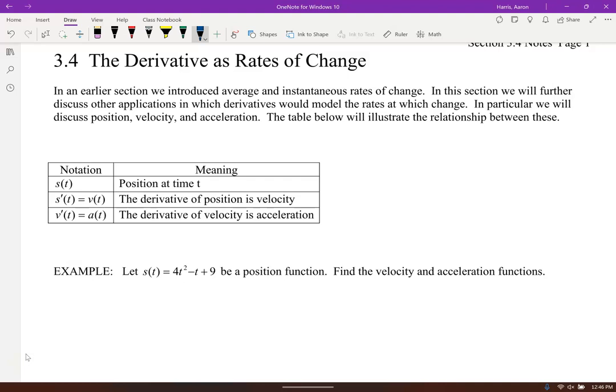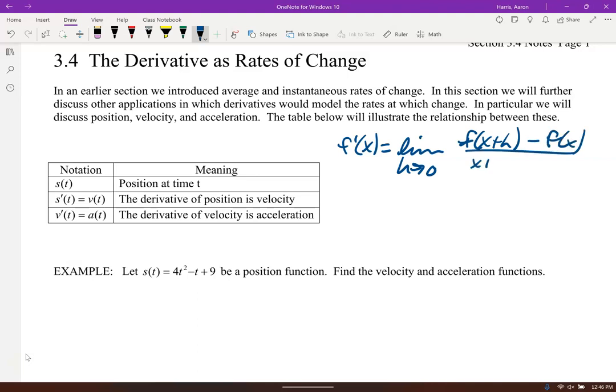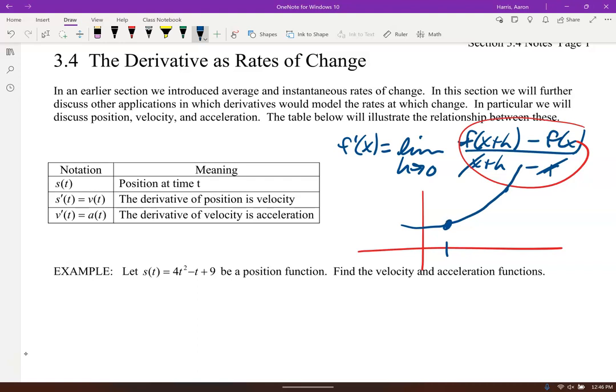So if we interpret, if you remember the difference quotient, if this is our average rate of change, that would be the slope of the secant there in red, right?